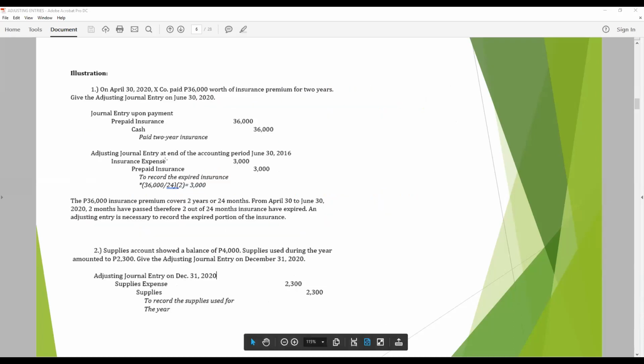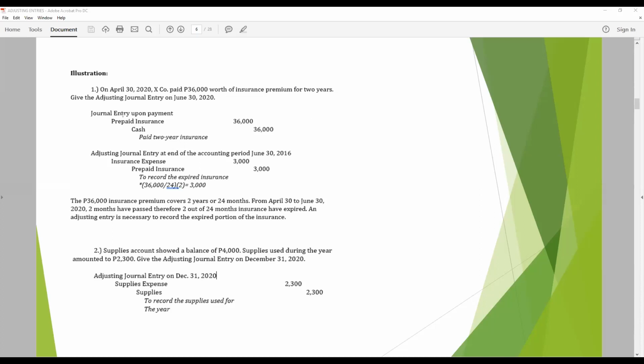So example, on April 30, 2020, X company paid 36,000 worth of insurance premium for 2 years. Give the adjusting entry on June 30, 2020. So dito, June 30 daw yung year-end ng company. So as of June 30, i-adjust nyo yung prepaid insurance.